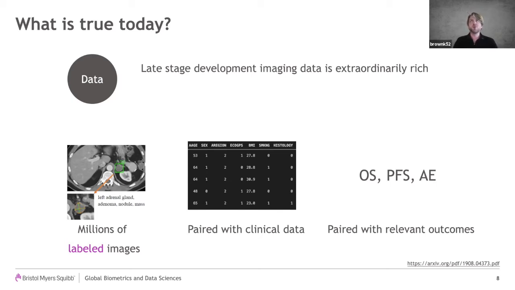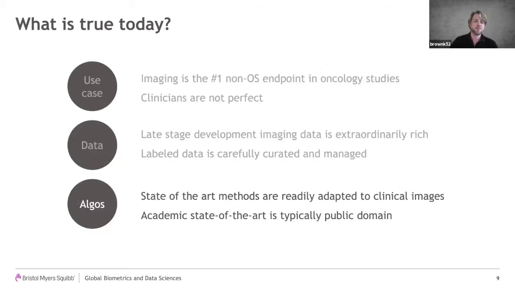And we can ask ourselves what algorithms lend themselves in a natural, unforced way to the multimodal integration of this paired, curated, integrated data sets that we have access to. So we know today that state-of-the-art methods are readily adapted to clinical images. You can right now go to, say, Papers with Code.